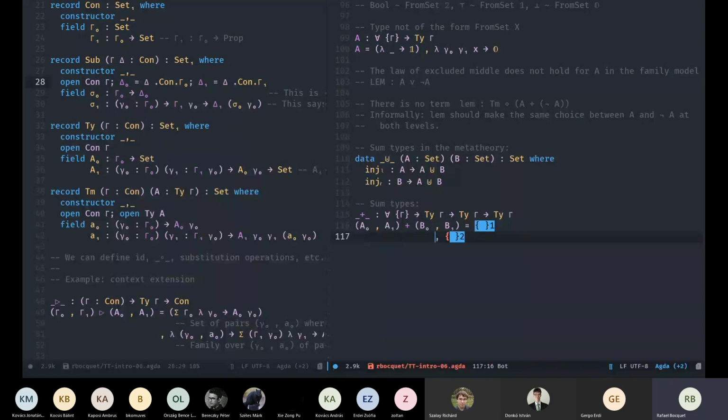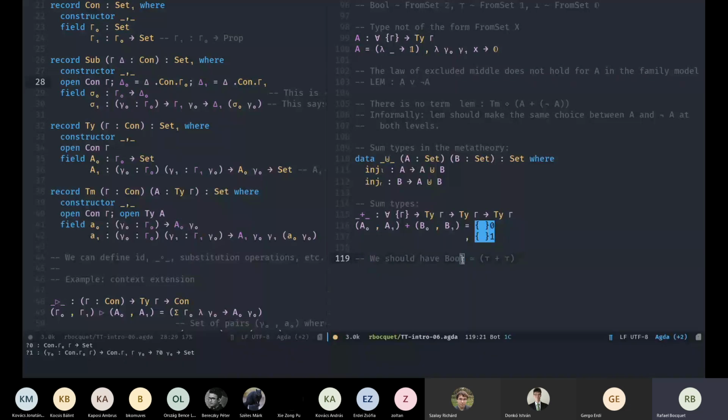Okay, and the thing is that Booleans should be isomorphic to top plus top.